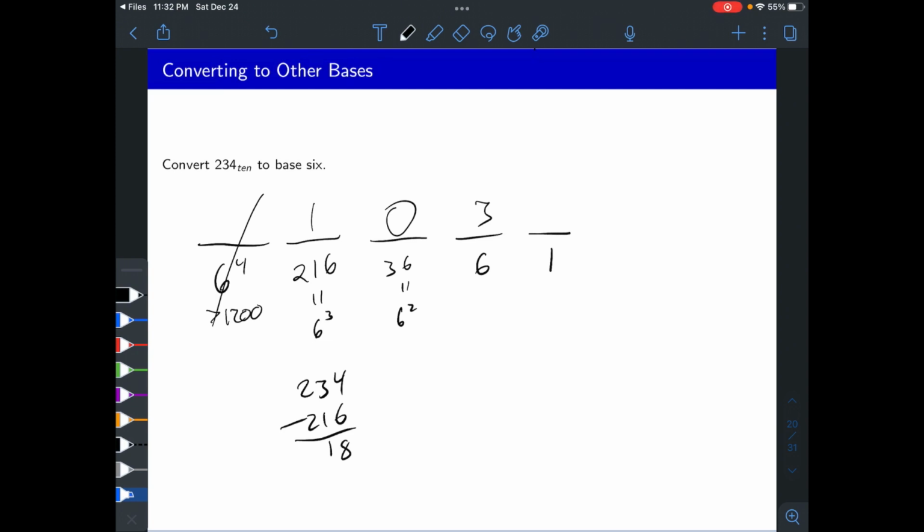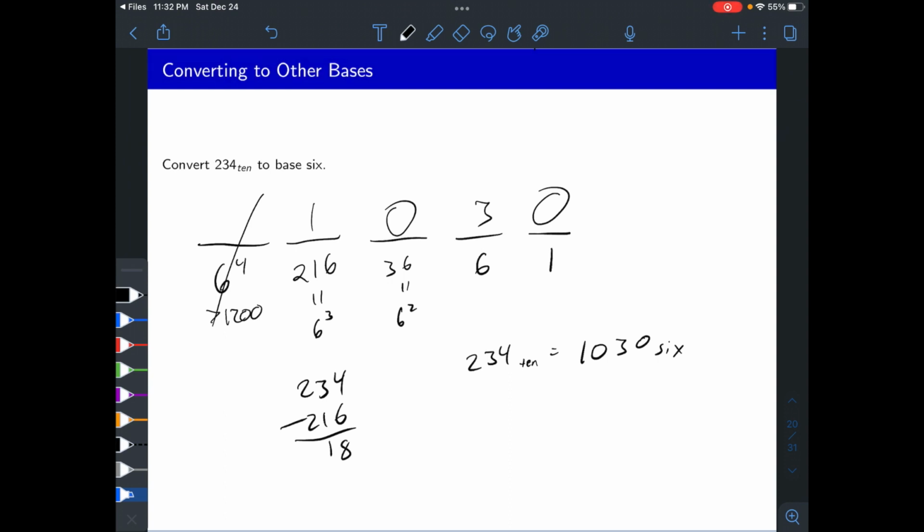So if I take away 6 three times, then I'm left with nothing left over. If I'm left with nothing left over, then any further place values to the right are just going to be zeros. Okay. So our final answer is that 234 base 10 is equal to 1030 base 6.